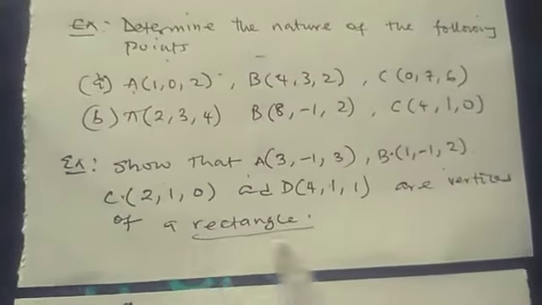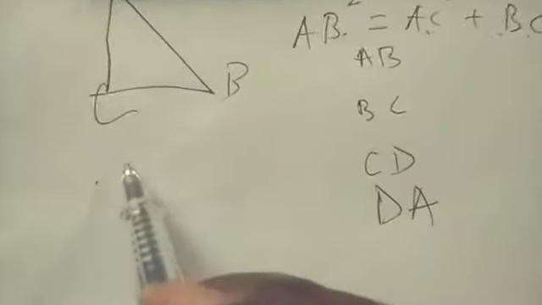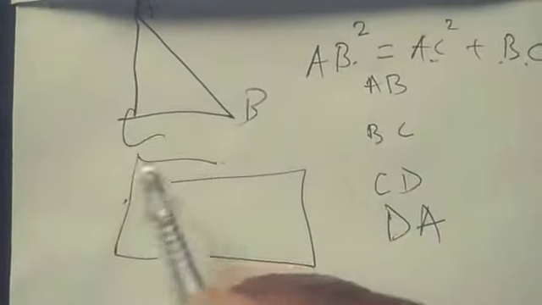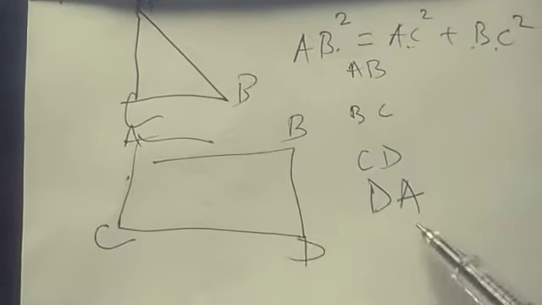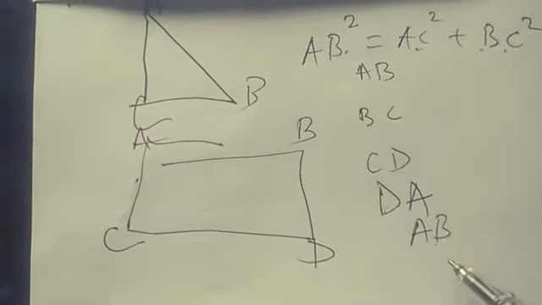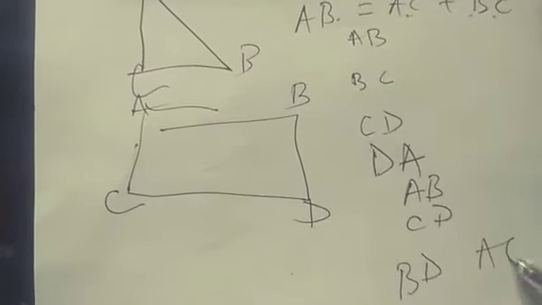For you to show that points are vertices of a rectangle, you should know the properties of a rectangle. If this is A, this is B, this is C, and this is D, we must have that AB must be equal to CD, and then BD must be equal to AC.